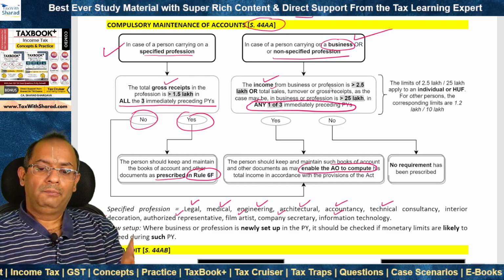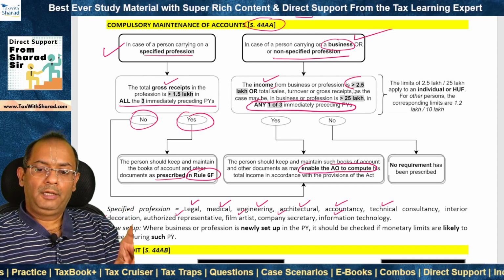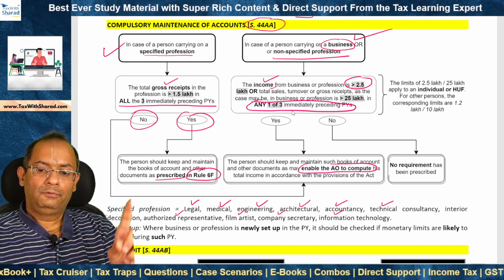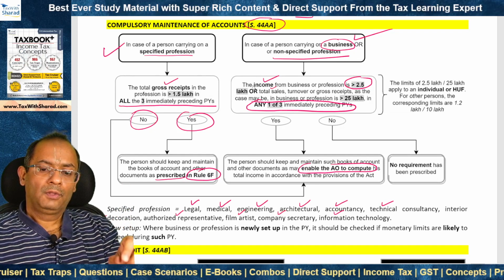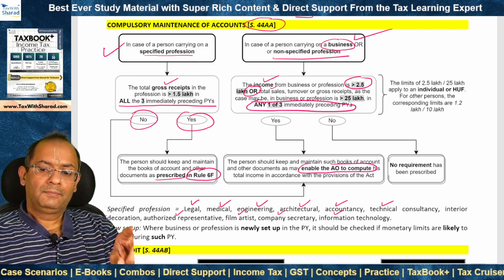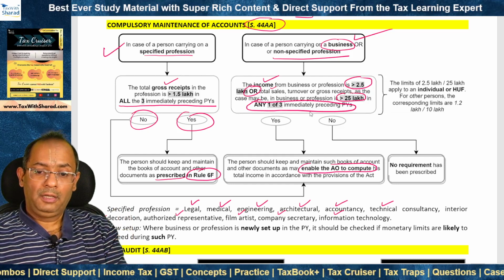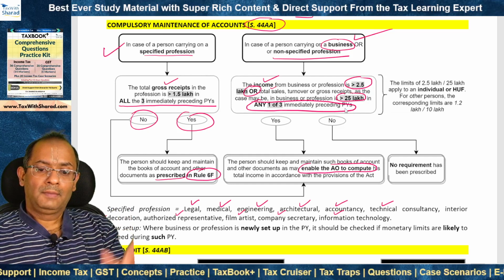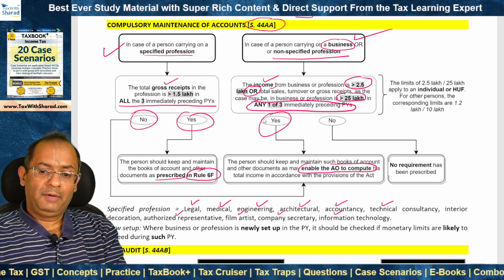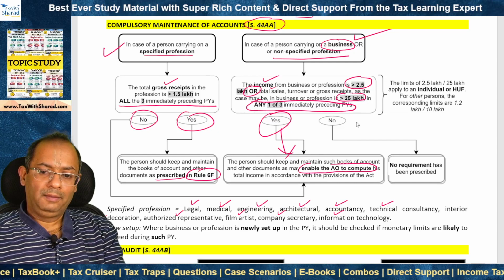So if the income from business or profession is more than 2.5 lakh in any one of these 3 previous years, or if total sales, turnover or gross receipts in business or profession is more than 25 lakh in any one of 3 immediately preceding previous years, if this condition is satisfied, then reasonable books of accounts and documents need to be maintained.